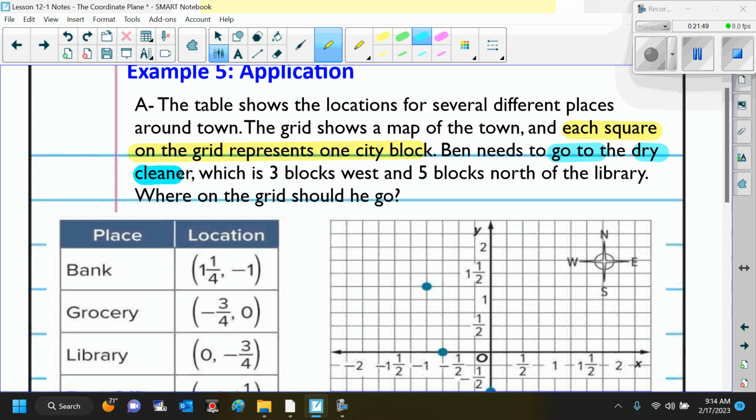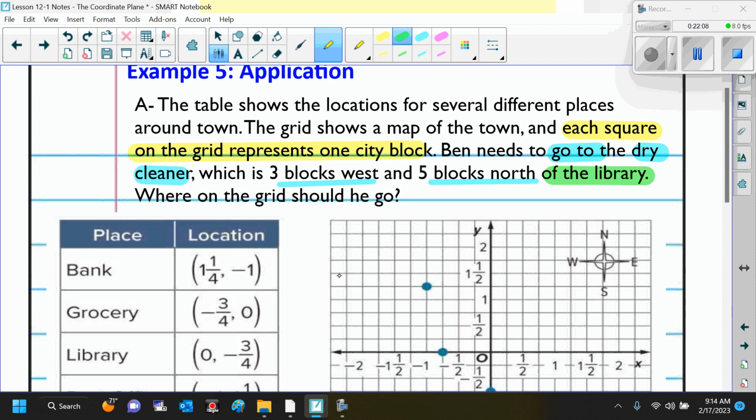That dry cleaner is 3 blocks west and 5 blocks north from the library. Okay? Where on the grid should he go?